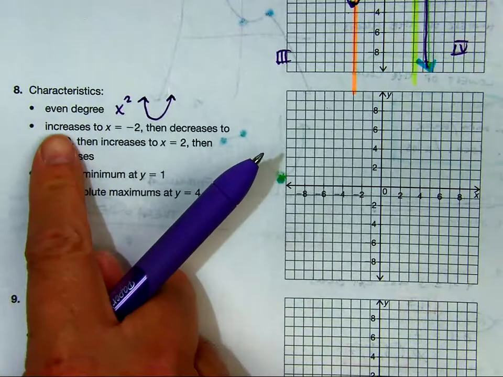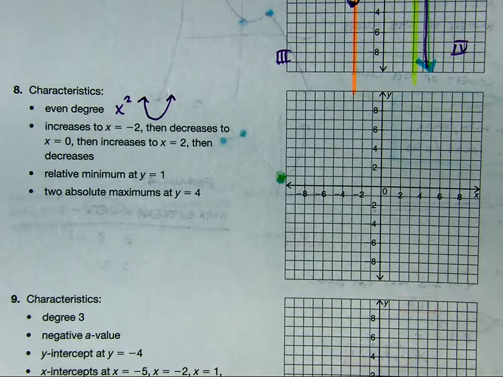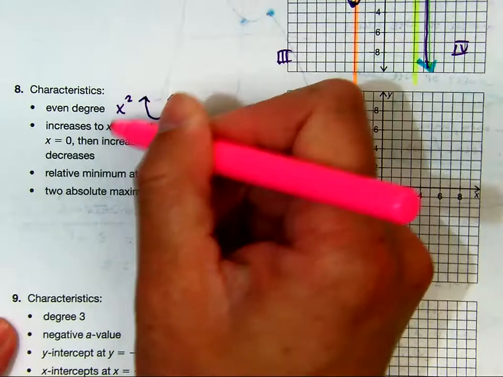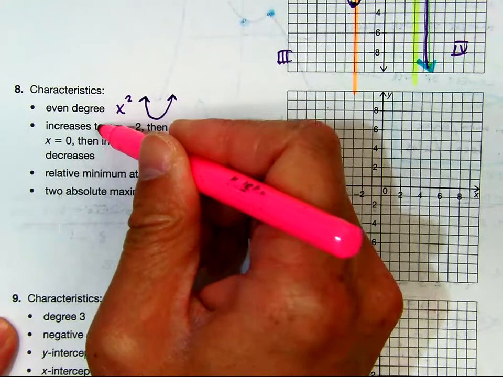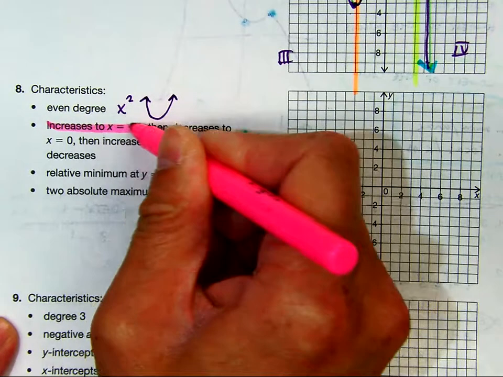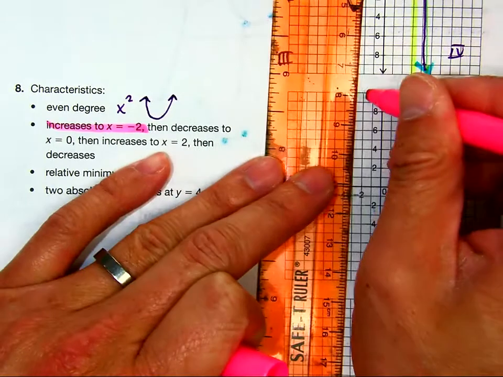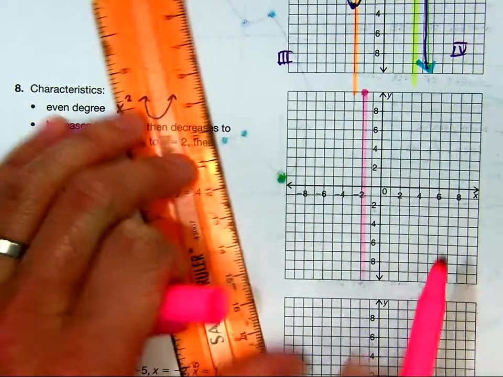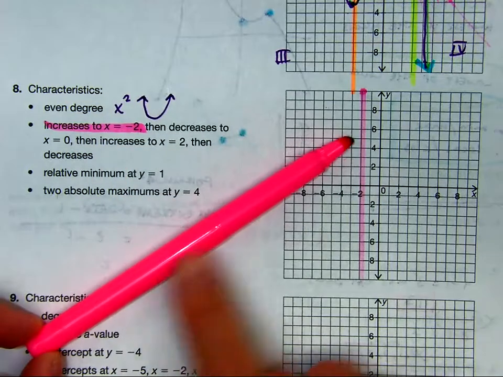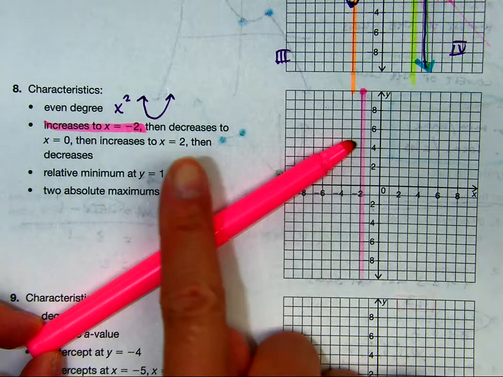Now it says increases to x equals -2. So let's give ourselves a visual. So my graph's got to be going up until this point. Does that make sense? So like my pen, it's going to be like this. That's increasing, going up from left to right.